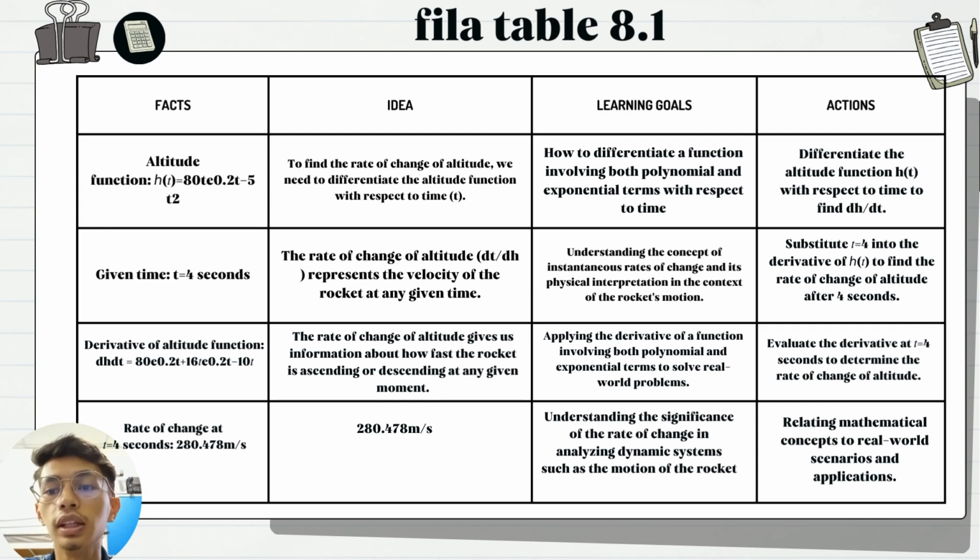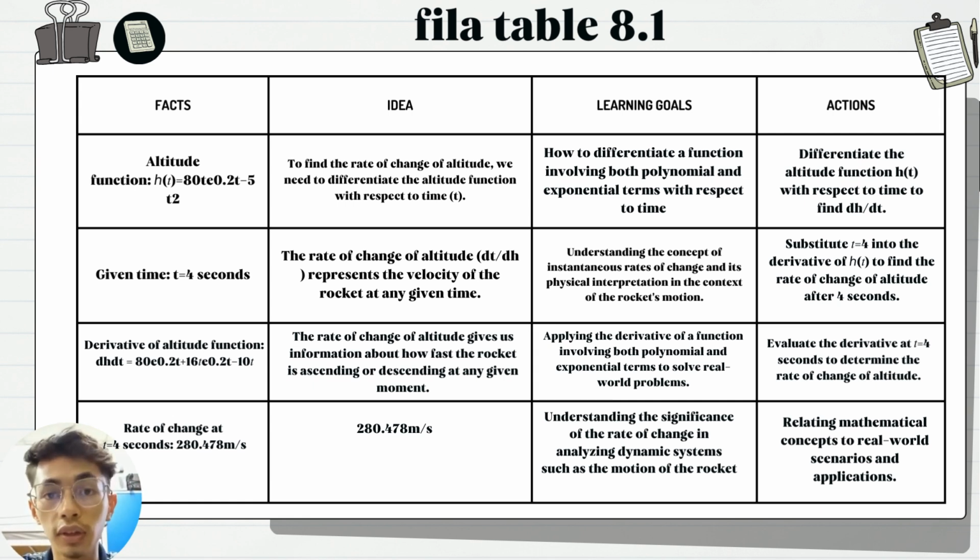For the learning goals, how to differentiate a function involving both polynomial and exponential terms with respect to time. For our action, we can differentiate the altitude function h(t) with respect to time to find dh over dt.